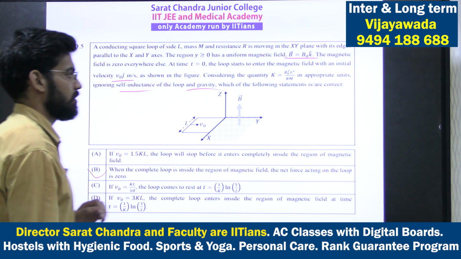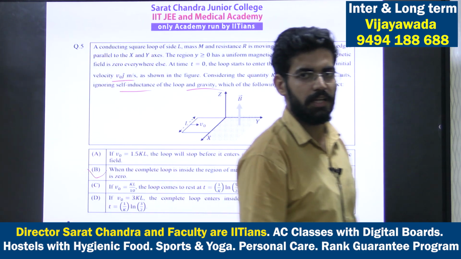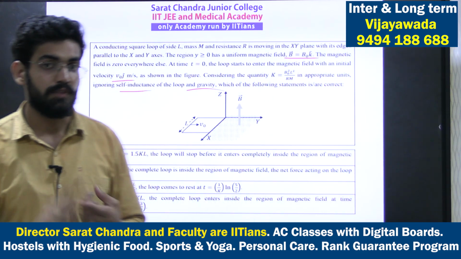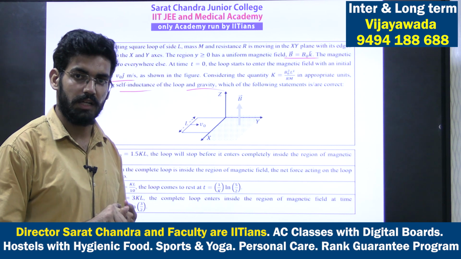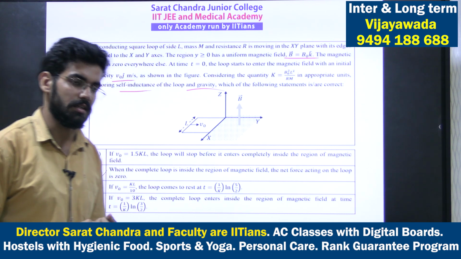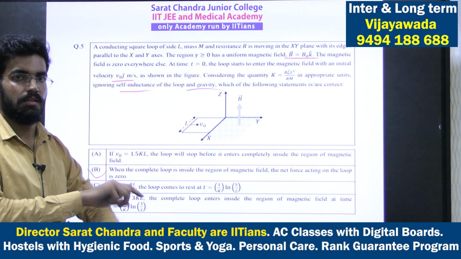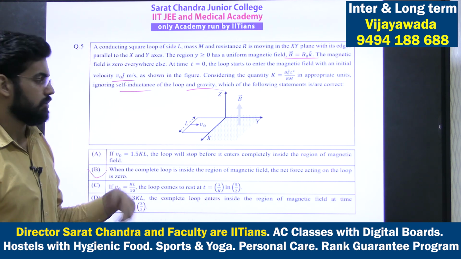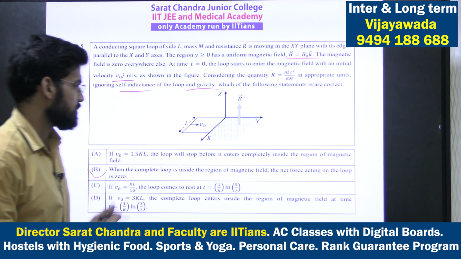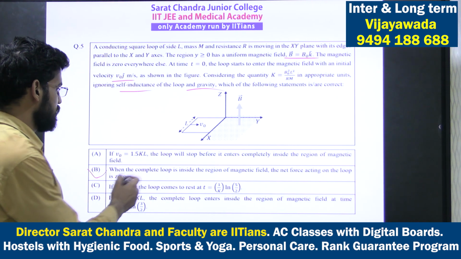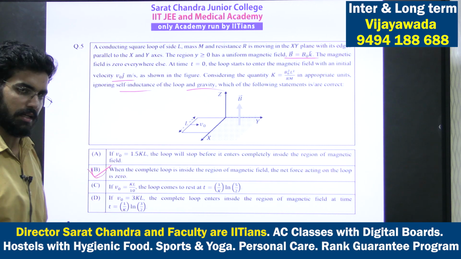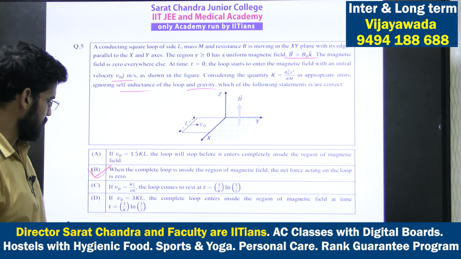Correct. When it has completely entered the magnetic field, the magnetic flux is not changing with respect to time, right? If magnetic flux is not changing, then the EMF generated is 0, current flow is 0, so force will not act. So everything is 0, and I can say the net force acting on the loop is 0. So B is correct. Okay, fine. So B is my answer.